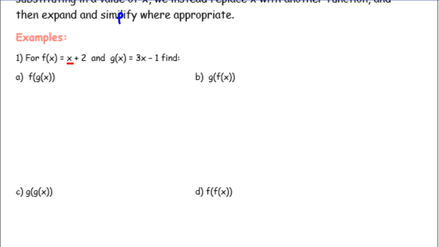So instead it's 3x minus 1. Maybe I'll colour code it. I'll do that one with blue. 3x minus 1 has replaced the x, and we've got plus 2. And then just work out the answer.